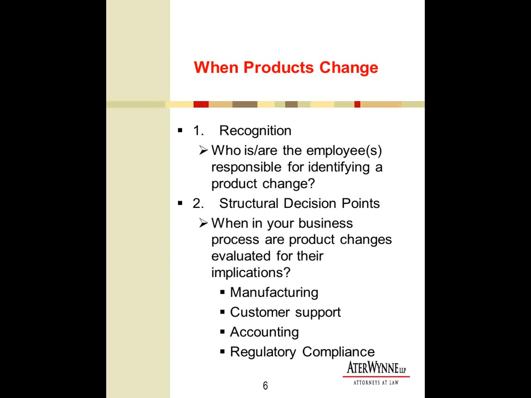These are points in time in your business process when there are people and structures in place to identify product changes and then to evaluate those implications for manufacturing, for customer support, for accounting, and also for regulatory compliance, and U.S. export controls compliance being one of those areas of regulatory compliance, and the topic that we're going to look into in more detail today.